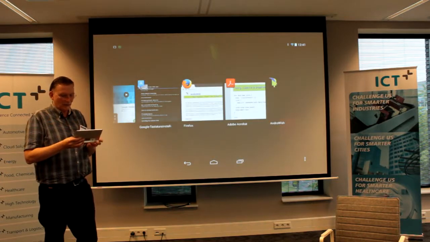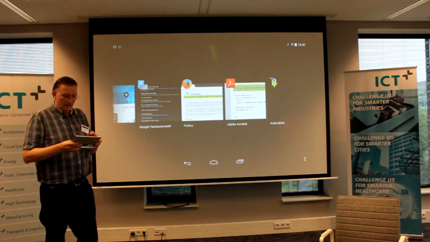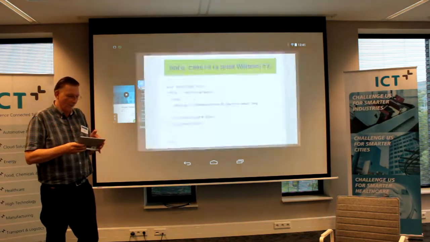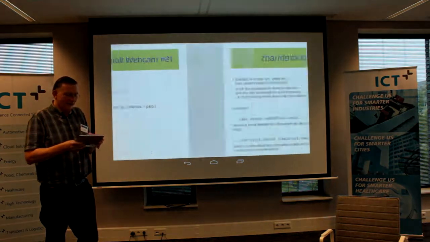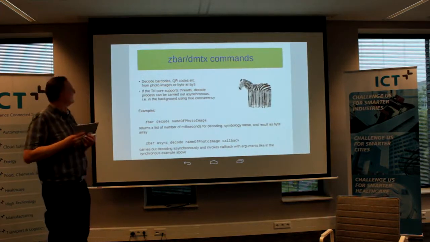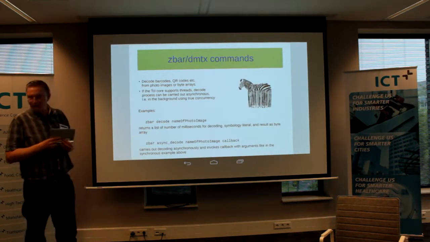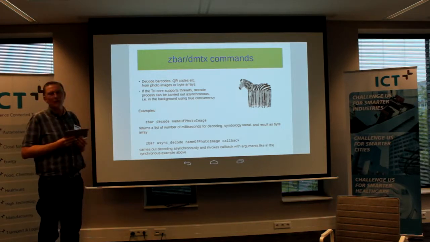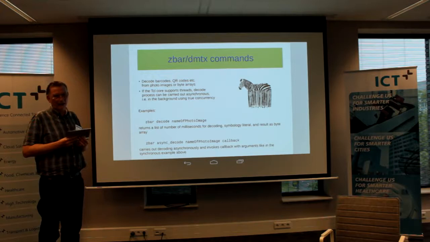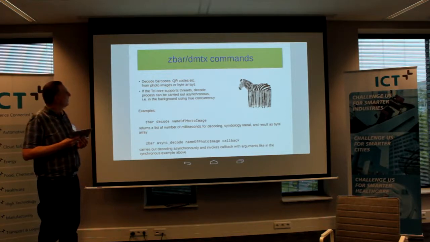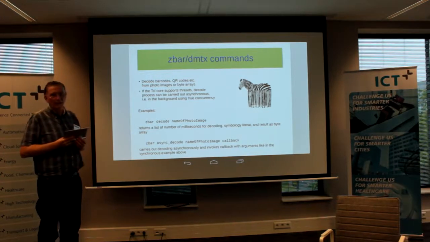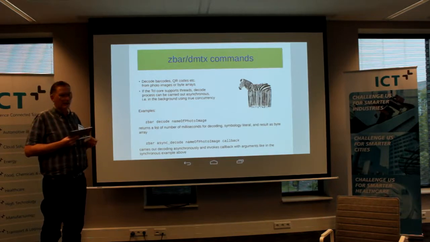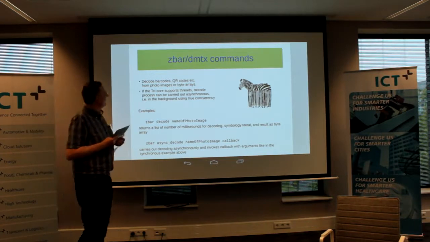Okay, that was the camera. In order to make some useful things with the camera, I found two open source packages which deal with barcode and DataMatrix code and QR code recognition, and I wrote some TCL wrappers around it.